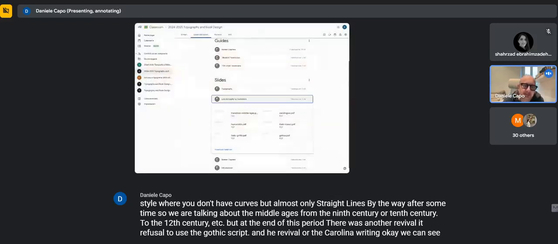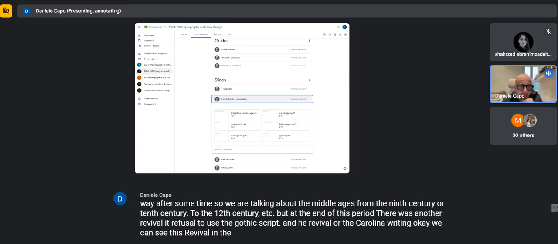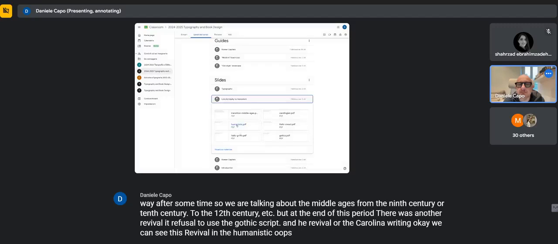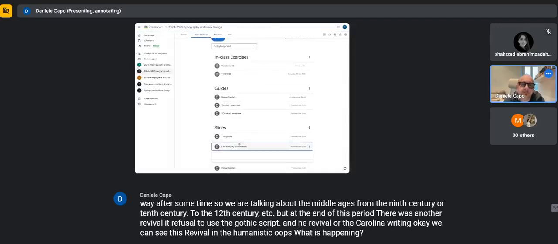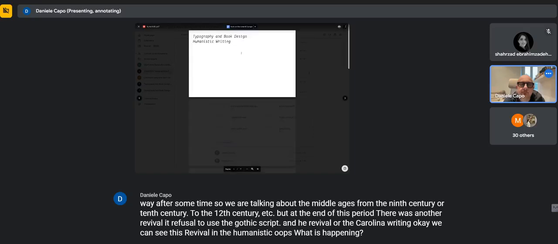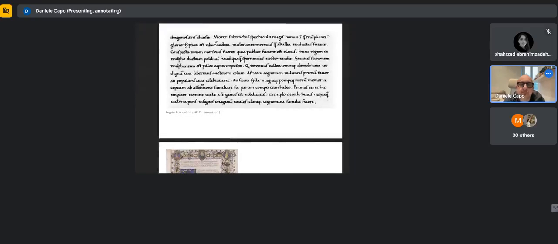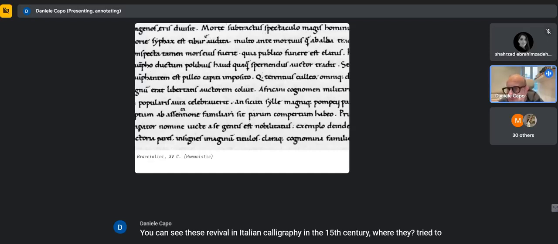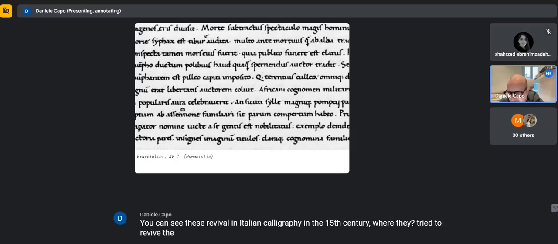We can see this revival in Italian calligraphy in the 15th century, where they tried to revive the Carolingian writing.